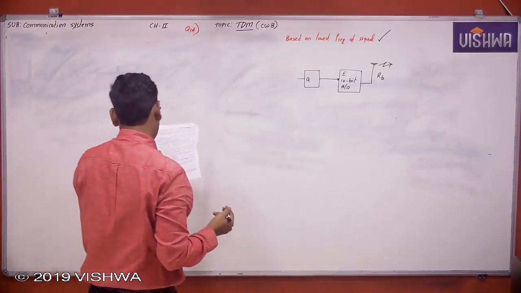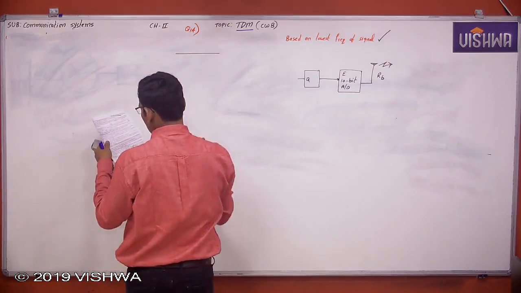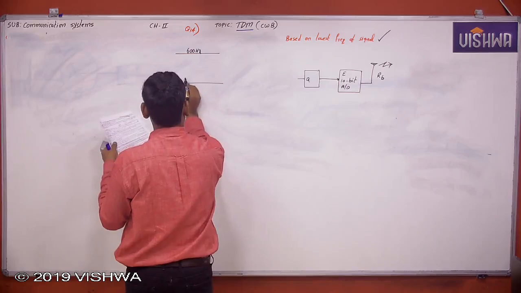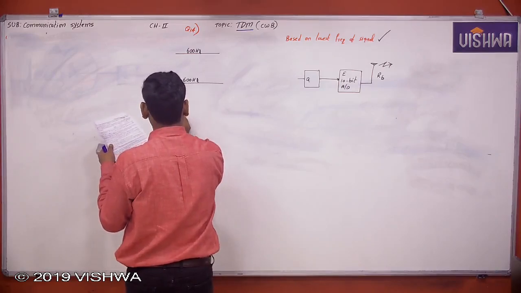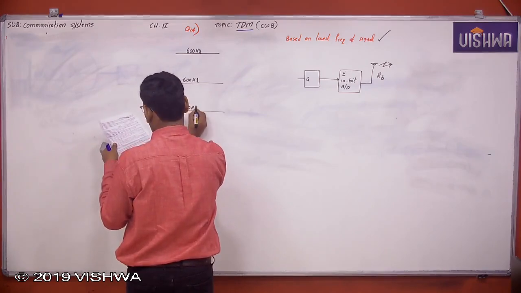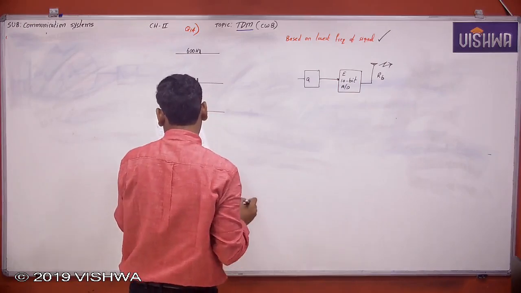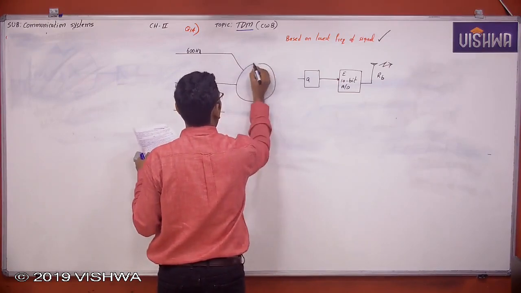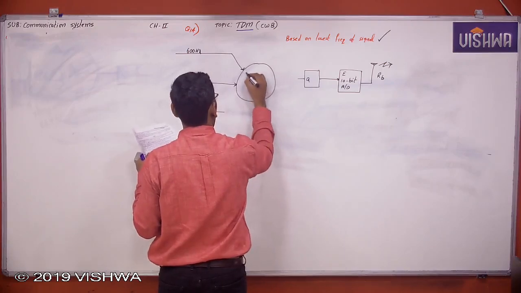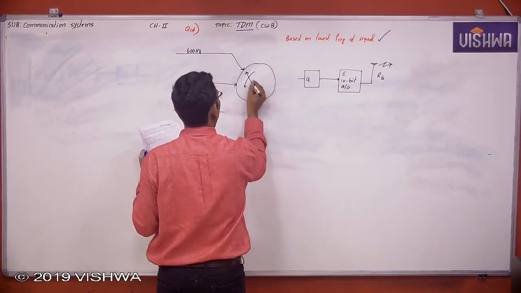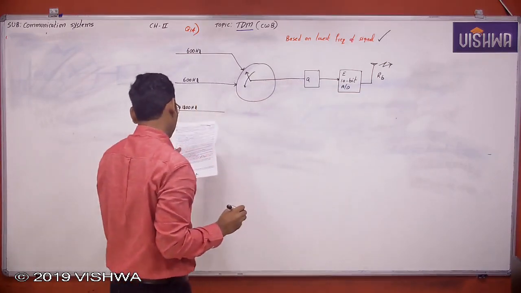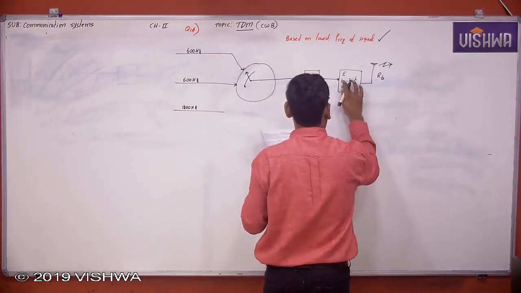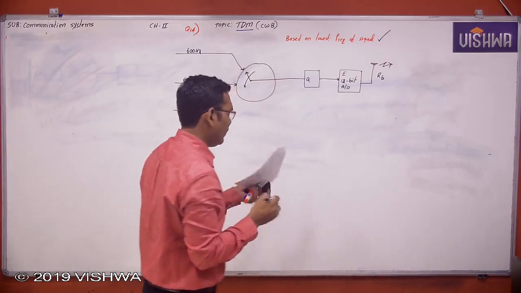Now 3 signals having a bandwidth of 600 hertz, 1200 hertz, are sampled at their respective Nyquist rate, quantized and encoded into 12 bits. Determine the bit rate. Okay, you do this problem.